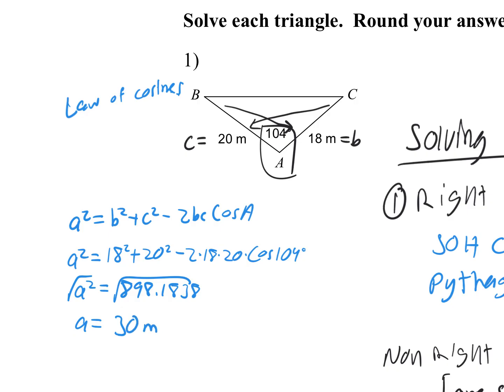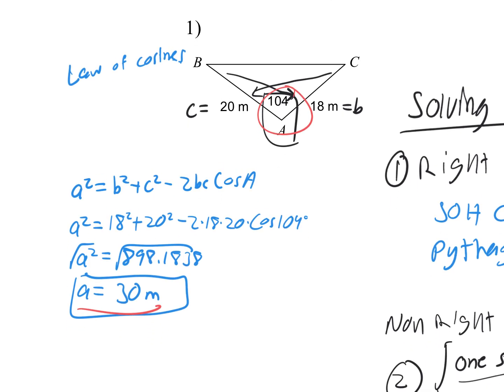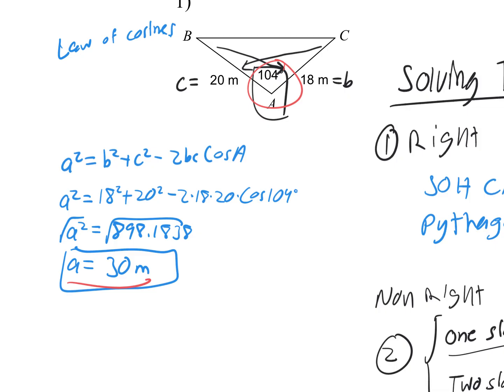Now that we have a side A, we can find our other two angles. Because keep in mind, now that I have a side A and I was given an angle A, that's a matching pair. I can use law of sines now. And I can use that to find either angle B or angle C. It doesn't really matter.